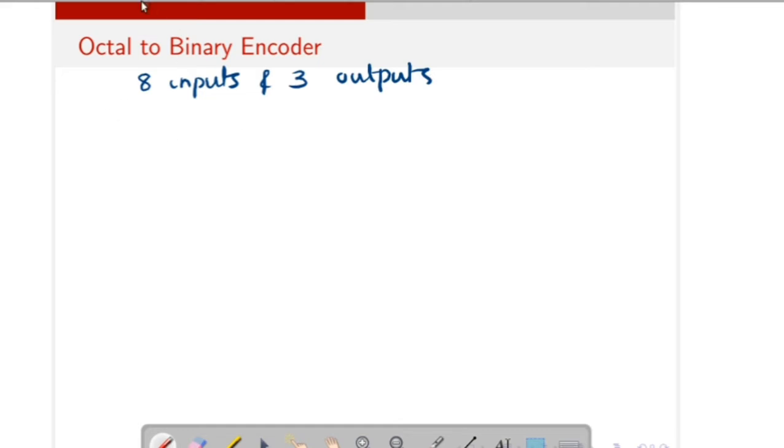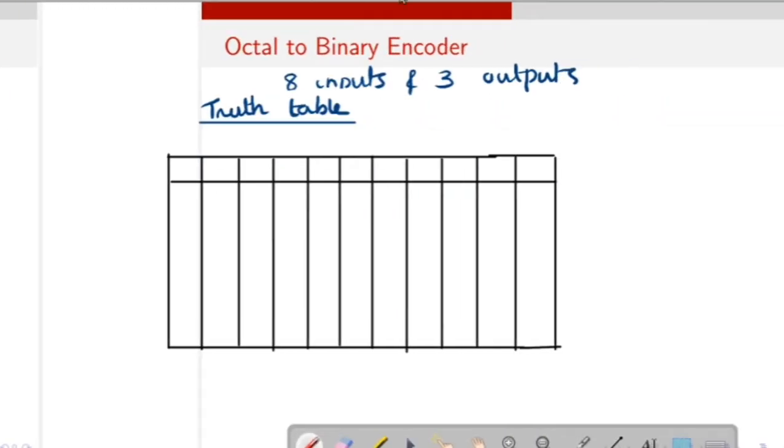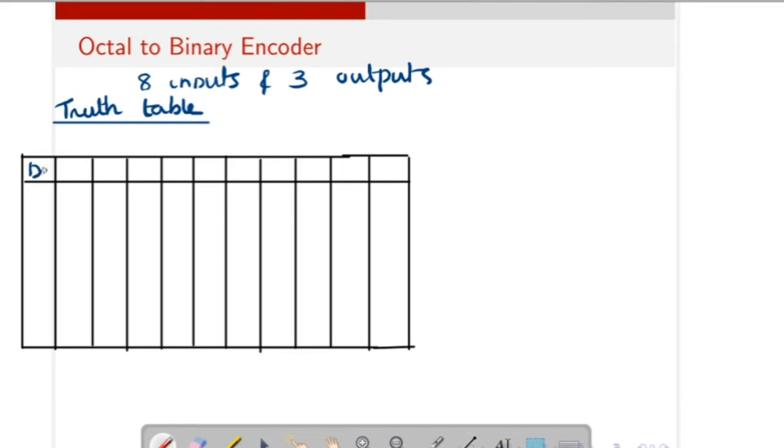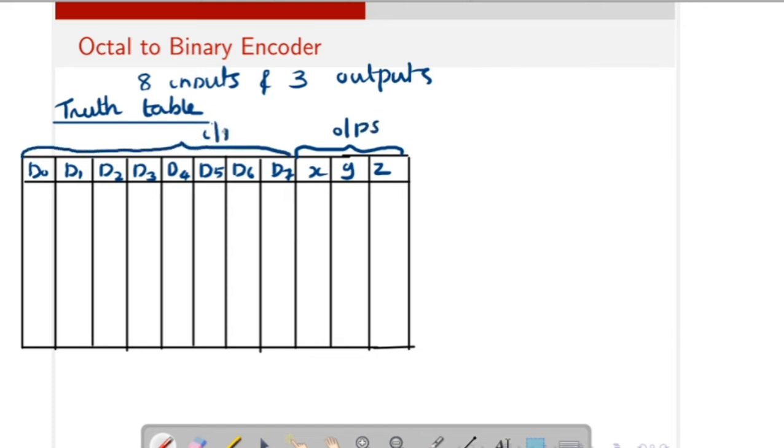Next we can draw the truth table. So this is the truth table. The inputs are D0, D1, D2, D3, D4, D5, D6, D7, and outputs are X, Y, Z. So these 3 are the outputs and these are the inputs. At a time only one of the inputs is active. So first D0 is equal to 1 and all others are 0.